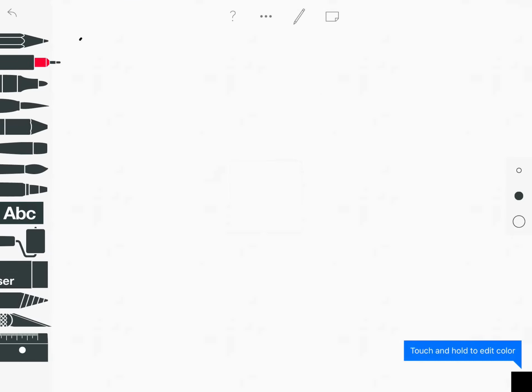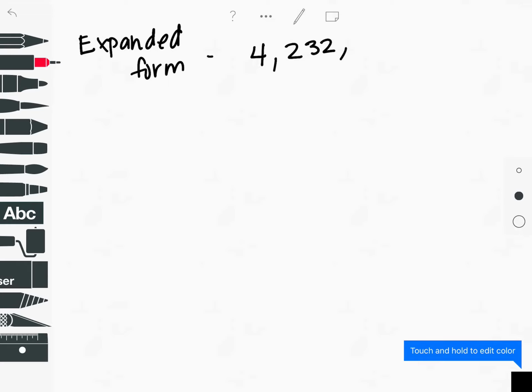So if I ask you, write me the expanded form of 4,232,674. I want the expanded form of this number. So how do I start? With the 4. I know 4 is in the millions. Remember, when you have millions, that's 6 spaces, so 6 zeros.